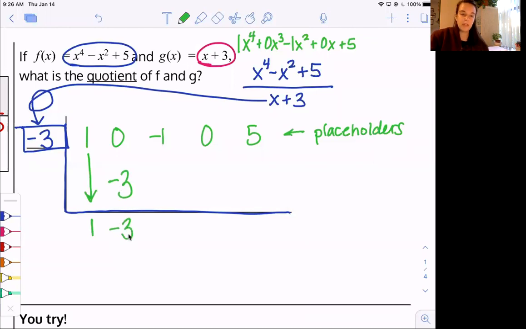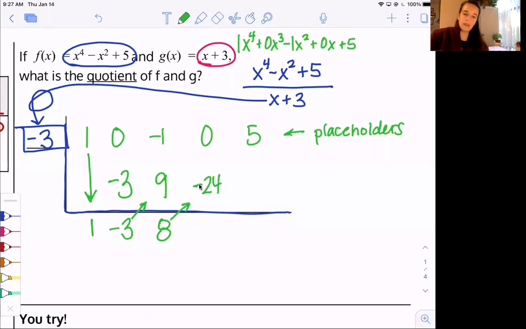So now I'm going to do -3 times this -3 over here, which gives me +9. So I'd have -1 plus 9 is +8. I have +8 times -3, which would be -24.